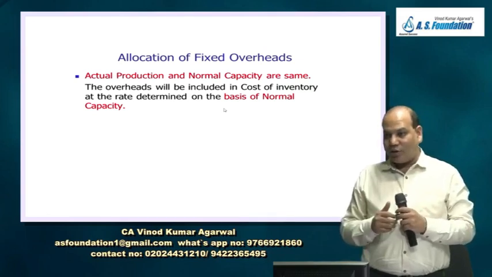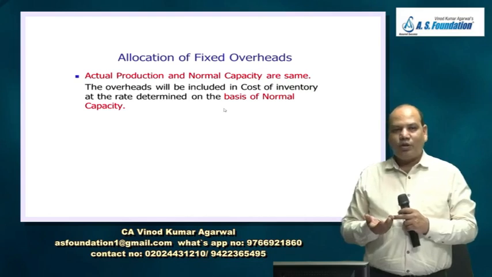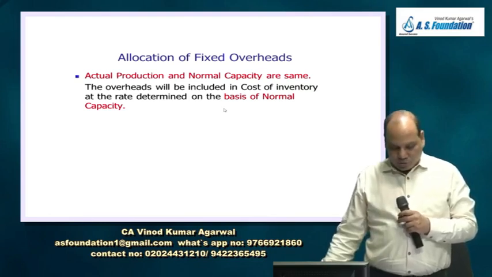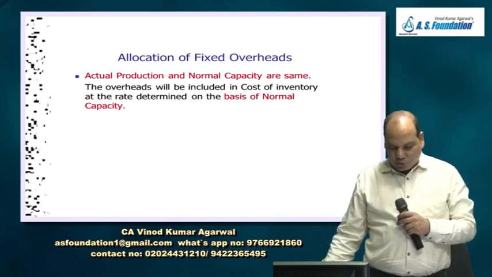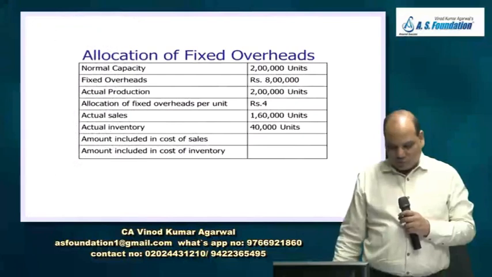If actual and normal are both the same, then it actually doesn't matter. You can apply normal capacity or you can apply actual capacity. So there is one small example we are going to solve, which is printed as problem number 2.